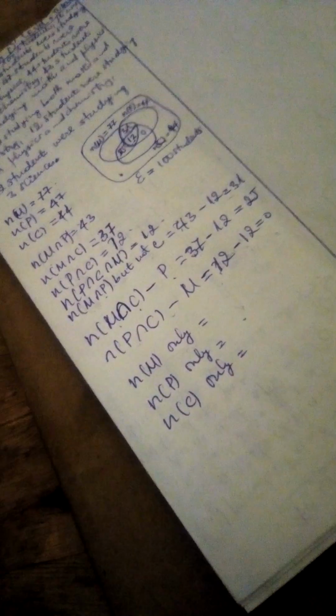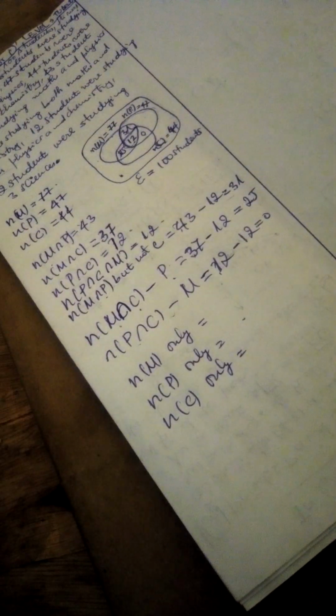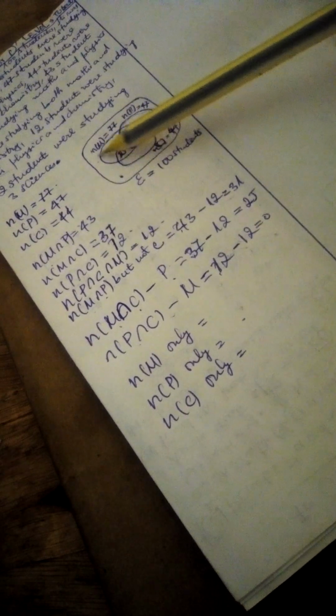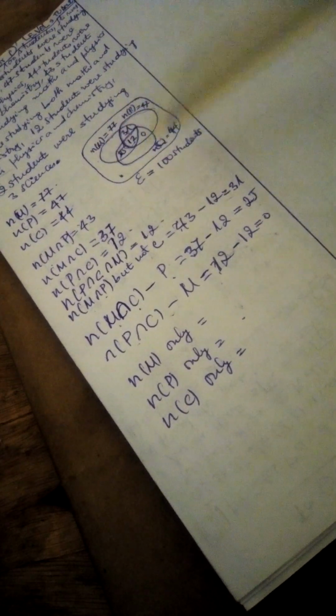So we need to calculate the number of students who will study only mathematics, only physics, and only chemistry.